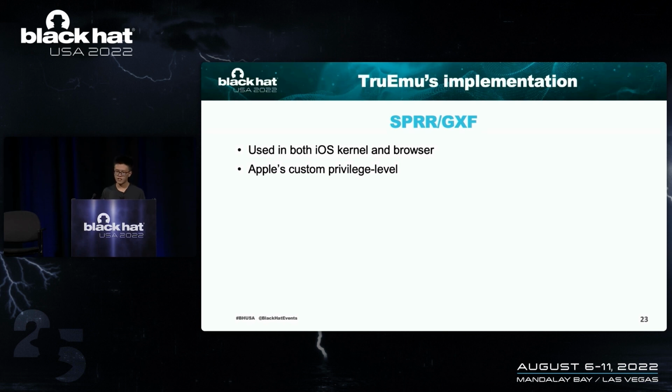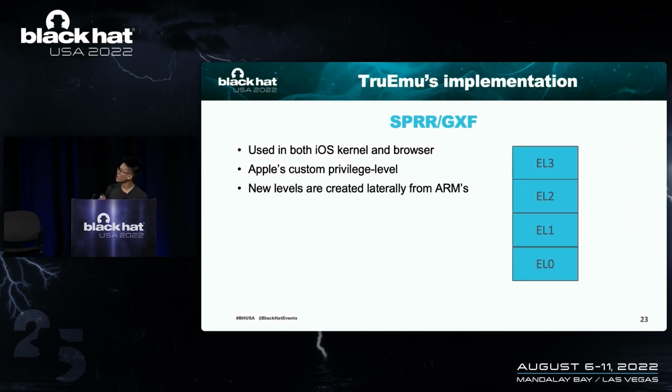So how does this privilege level fit into the normal one, you may ask? Well, let's have a look at the normal privilege level model. We have EL3 to EL0. The higher the number, the more privileged it is. So EL0 is the user space, and EL3 is the secure monitor.